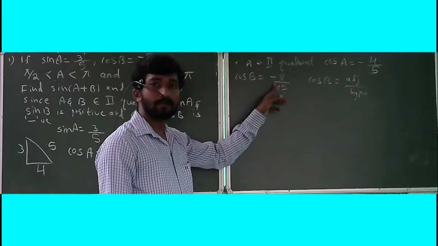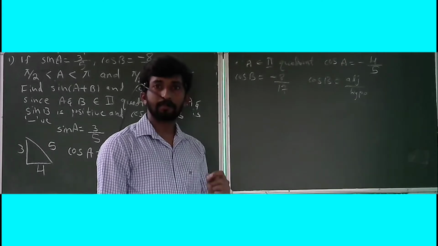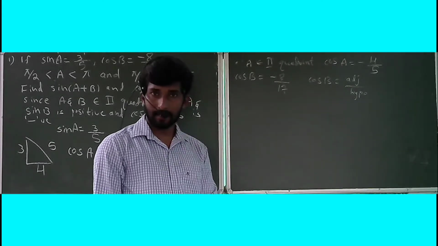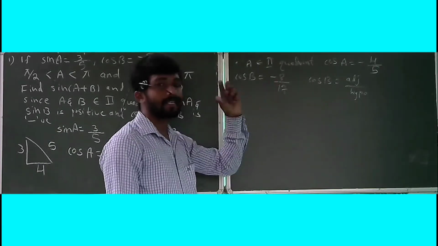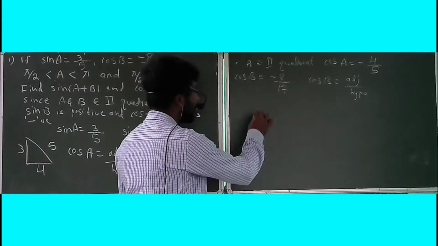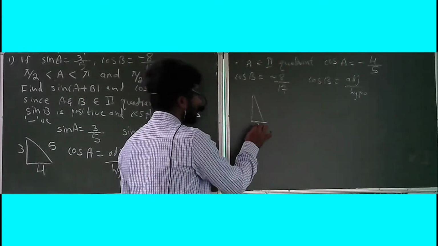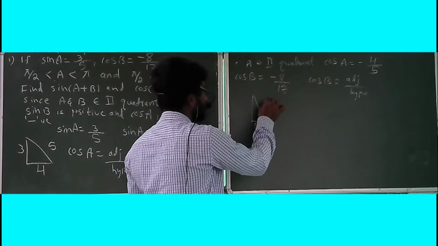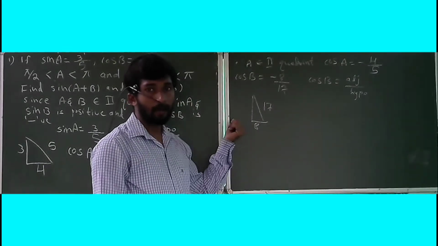But it's not possible to take adjacent value equal to minus 8, because adjacent is a length, and length is always positive. So here adjacent value is equal to plus 8 and hypotenuse value is equal to 17. Now you need to find the opposite length.